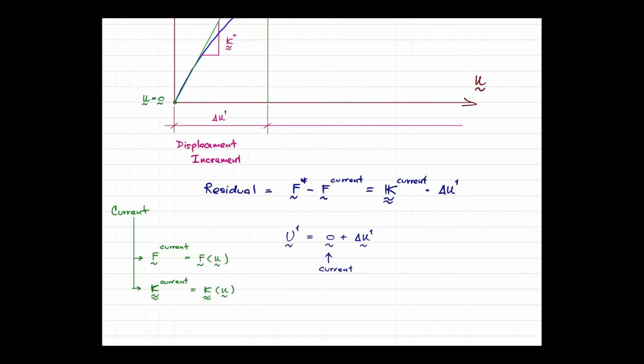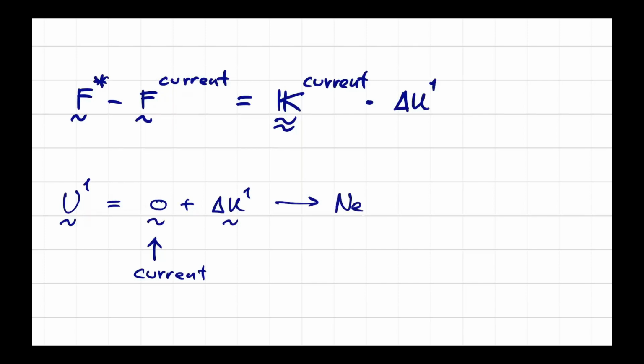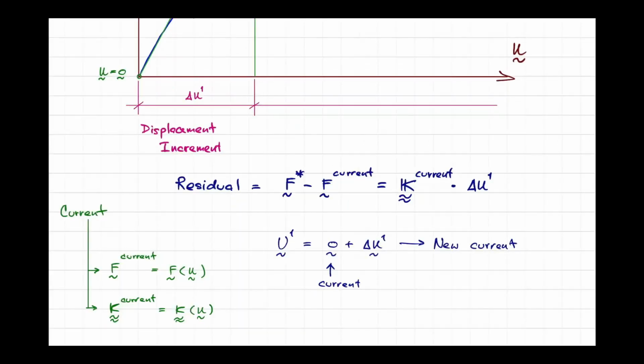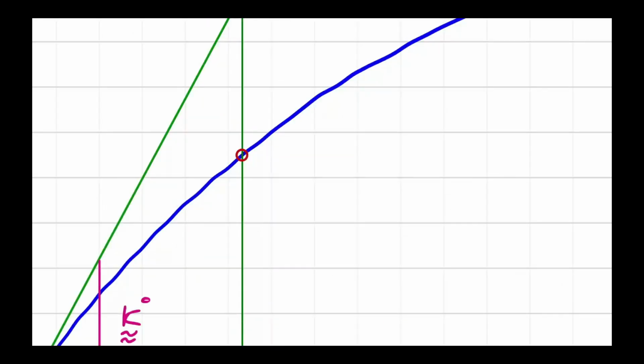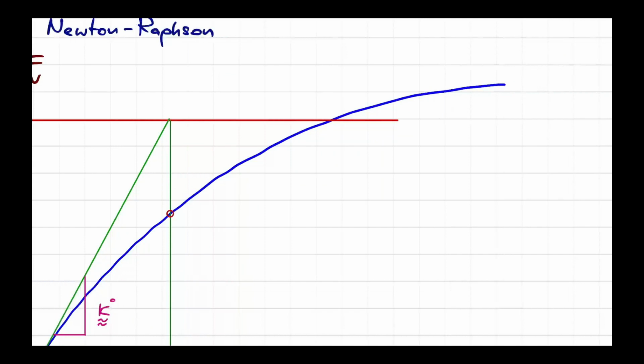So this will be the new current information. Because once you know the displacement, then you know the information about this point. So this point becomes a new current point, and as it is a new current point, you get the following information.